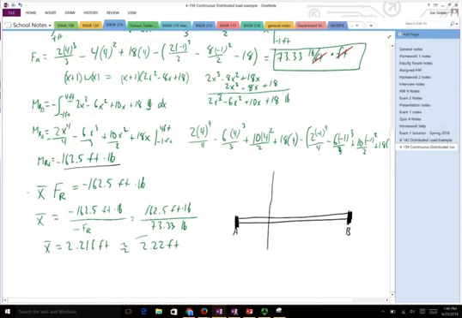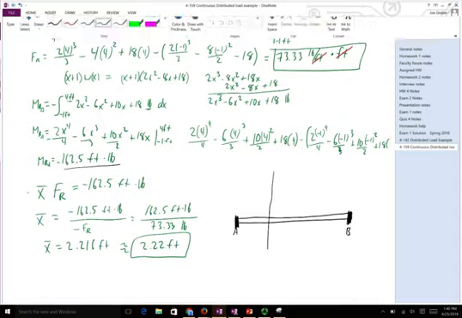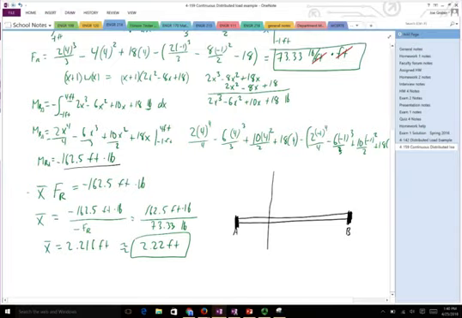And that is the distance from A. So that means that we should be putting our resultant force somewhere here in order to have an equivalent system to the above. And that's going to be a distance of 2.22 feet from A.